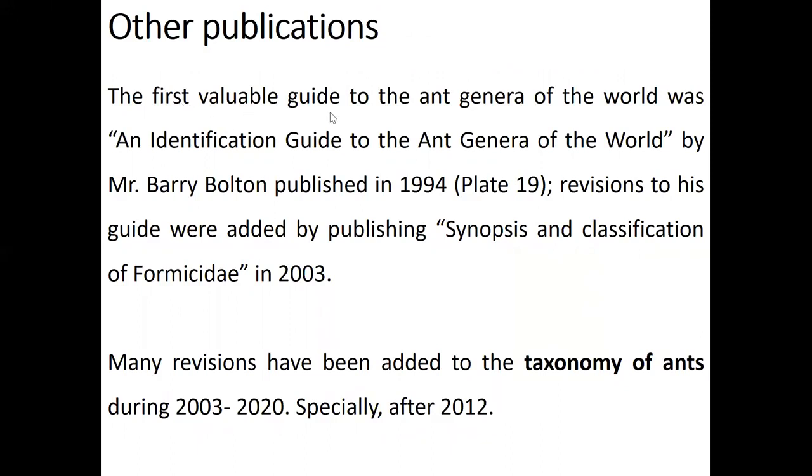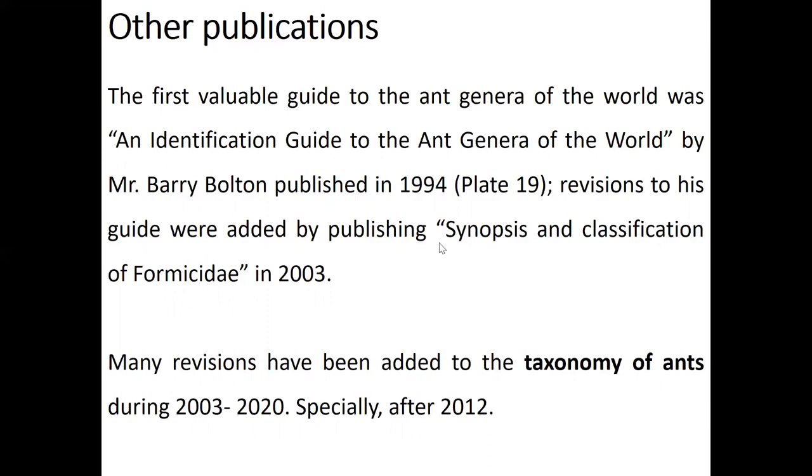The first valuable guide to the ant genera of the world was, as I mentioned earlier, An Identification Guide to the Ant Genera of the World. This book is still valid for some subfamily identification and descriptions, and for the identification of ant genera, but not completely valid because there were many taxonomic revisions after 1994.